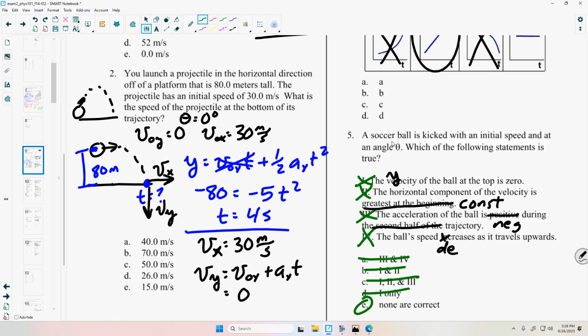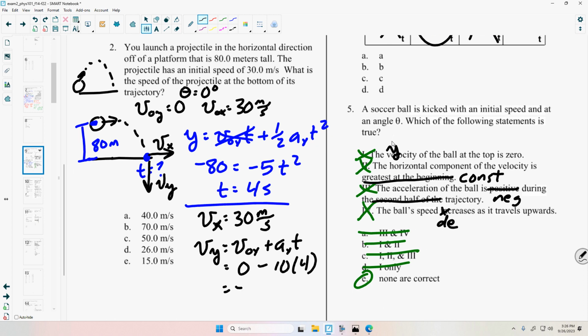That's 0 minus 10 times 4 seconds, so that's negative 40. And we did do this one. So that means that my vx is 30, my vy is 40, my v is going to be the square root of 30 squared plus 40 squared, which is equal to 50.